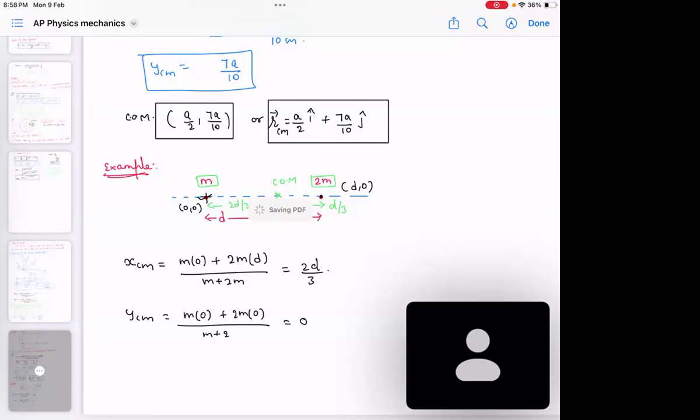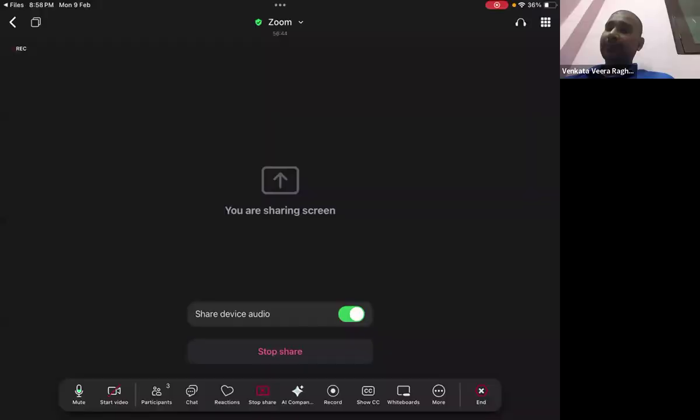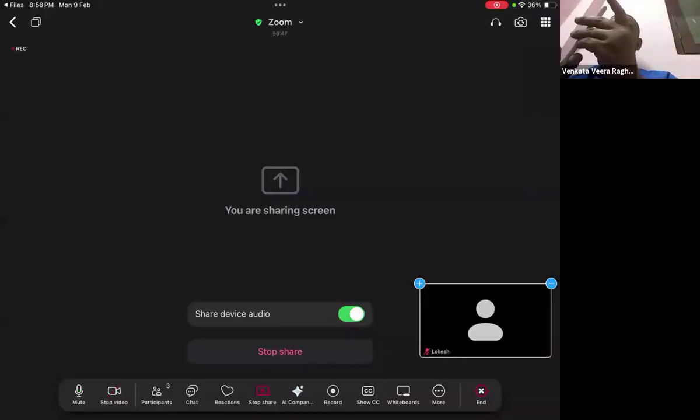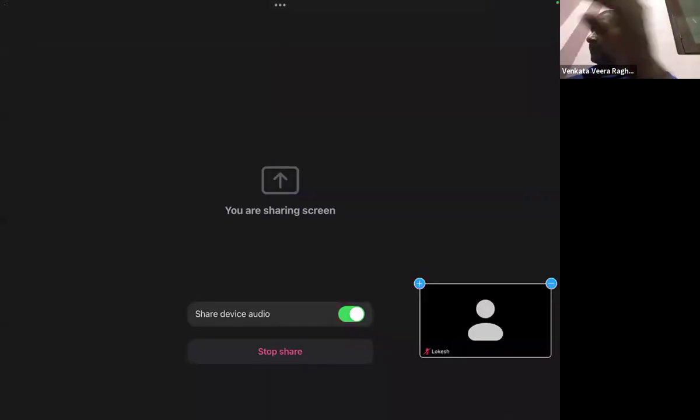That is one way to calculate mathematically using the equation. And the other method is to just divide the distance between these two particles in the ratio of their masses. Okay, so please tell me, is it clear up to this?